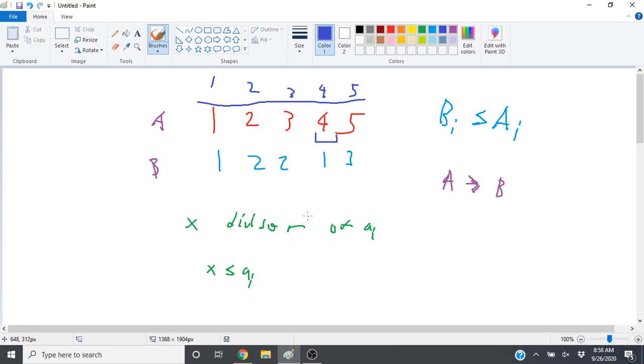For example, 4 has the divisors 1, 2, and 4. 4 shows up where it is, but all the other divisors come before it because these numbers are just 1 to n written out in order.